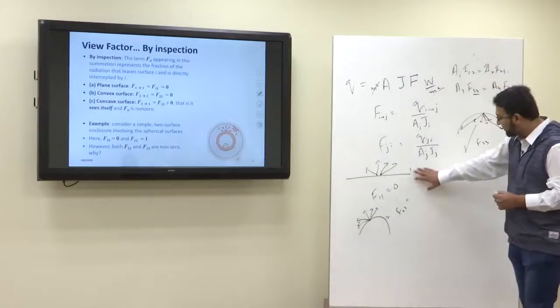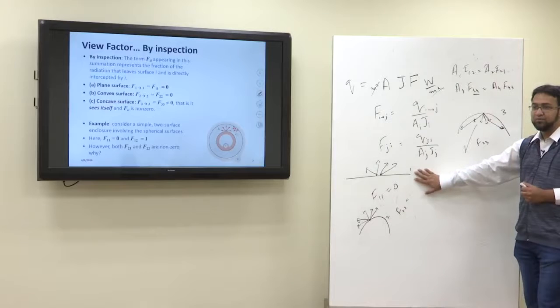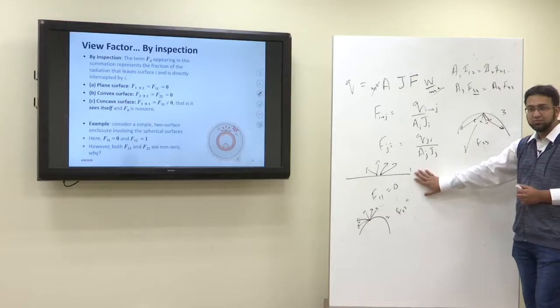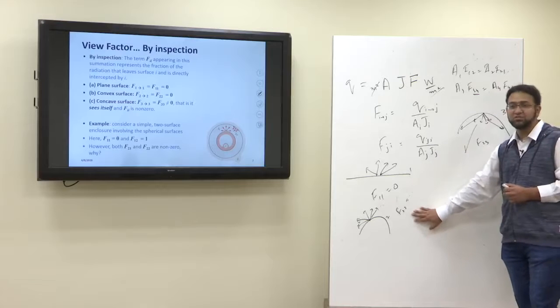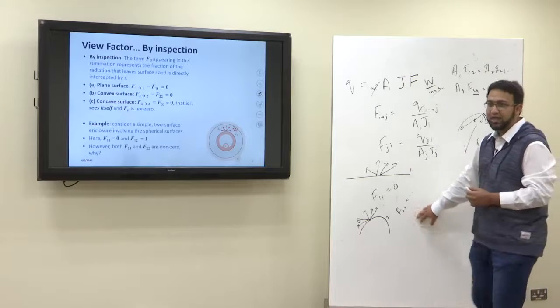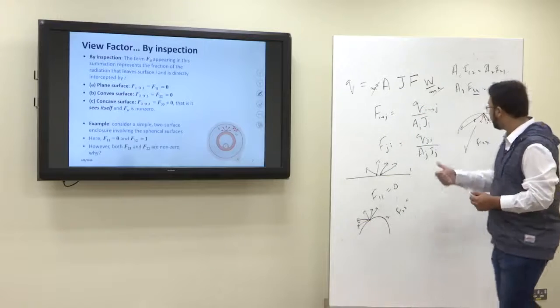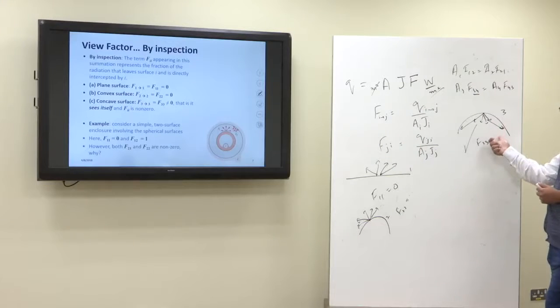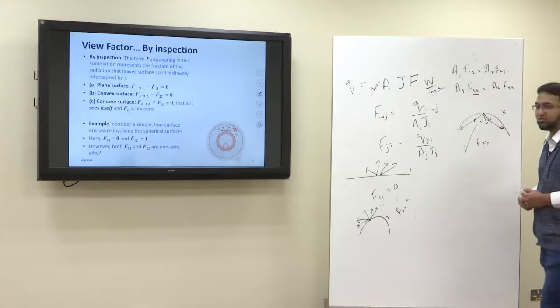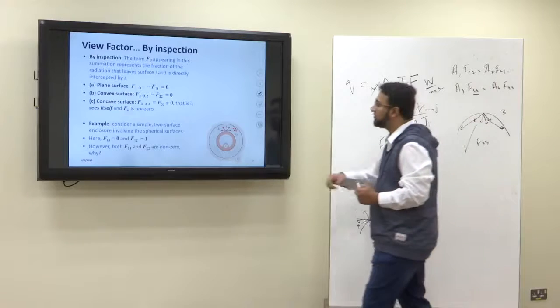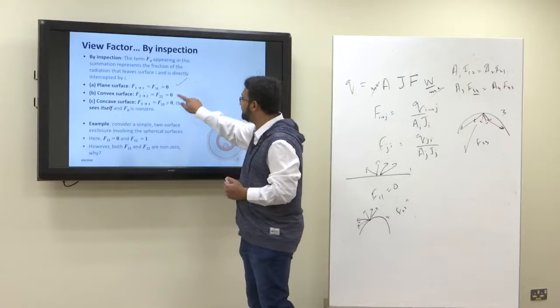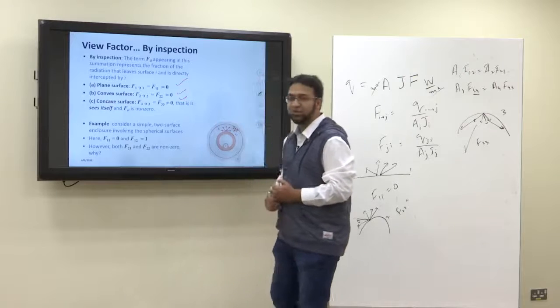So by inspection, if it is a plane surface, F11 will be 0. If it is a convex surface, then Fii, from this surface to itself, will be 0. However, if it is a concave surface, then this is not 0. This is what we told just by inspection.